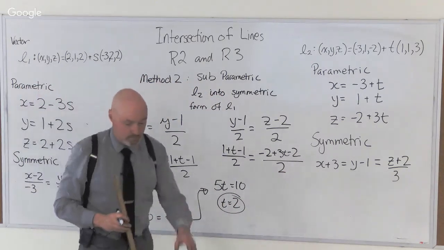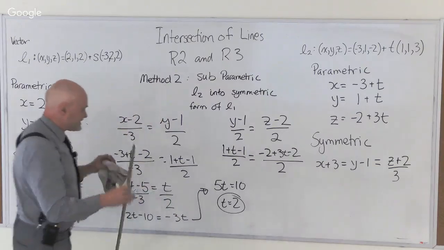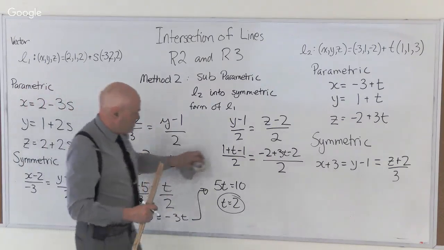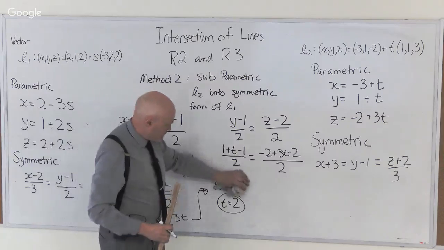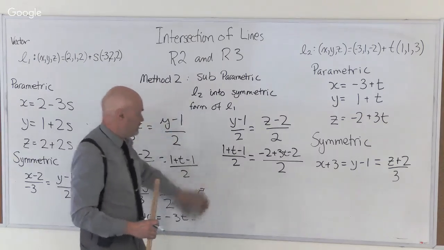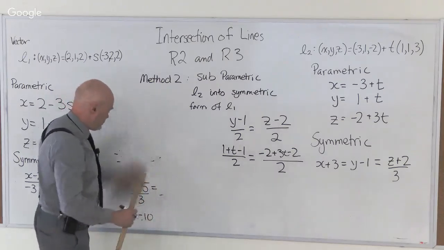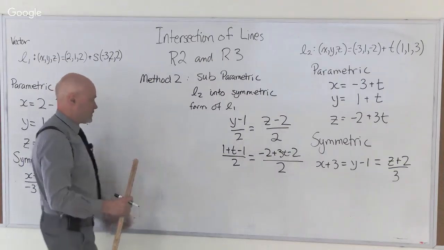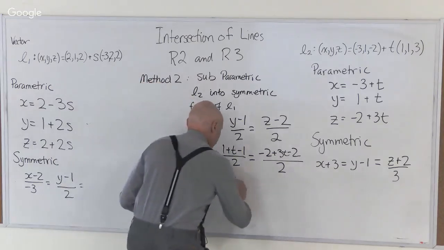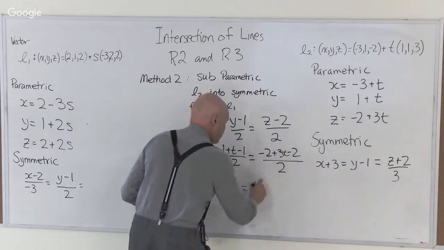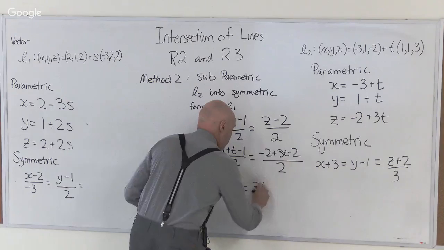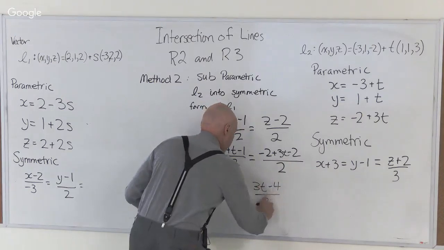What we're looking for is the same value of t, and hopefully t ends up being 2, because if it doesn't, that means we've done something wrong somewhere in here, but we can probably fix that. So this is simplifying the top. t over 2 is equal to 3t minus 4 over 2.